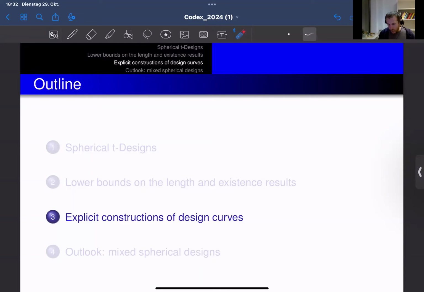Because also with points, this is a huge business. There are many websites by Womersley, by Graf and Potts and so on that just list thousands of different t-design points, some numerically, some also analytically.